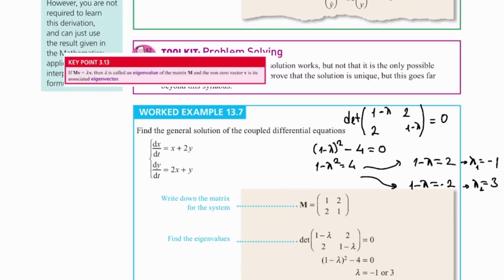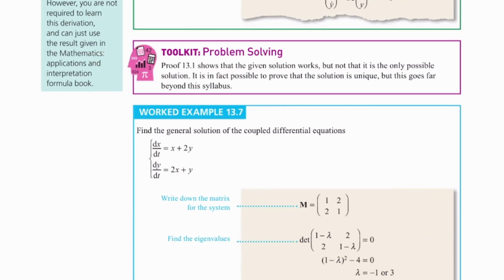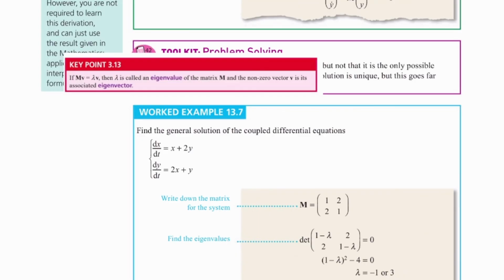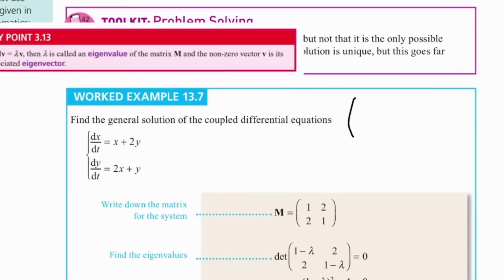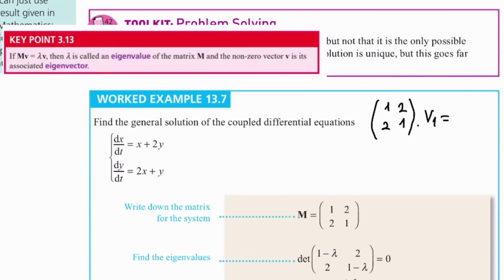I'm just going to clean this part to write it down. M is our coefficient matrix, 1, 2, 2, 1. The eigenvector we don't know yet, let's say V1.